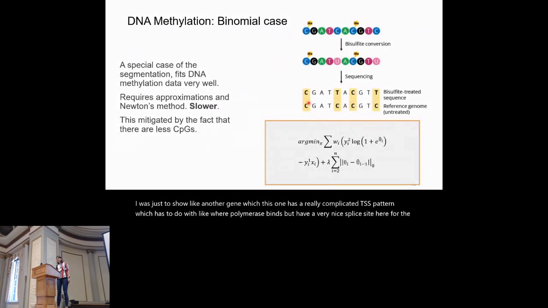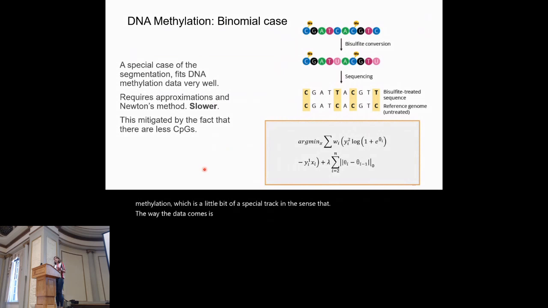Okay, and a final note about this approach is that we can also handle DNA methylation, which is a special track in the sense that the data comes as a double track, right? You don't just have read counts for every location. You have methylated and unmethylated reads, so you have two values for every location.